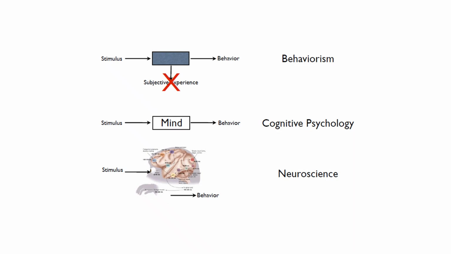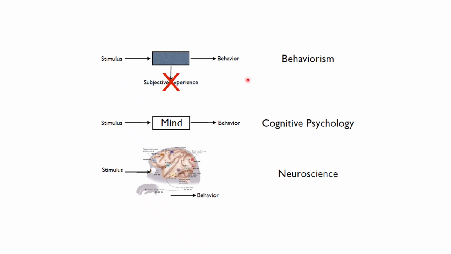These different disciplines may study the same phenomena at different levels. So to take an example, let's think of the brain as a machine which is receiving sensory stimulus and ultimately deciding the behavior.